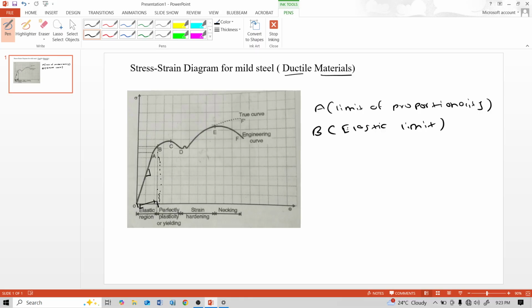Usually this point B is very near to A, and many times the difference between A and B is ignored, and therefore the elastic limit is taken as the limit of proportionality.